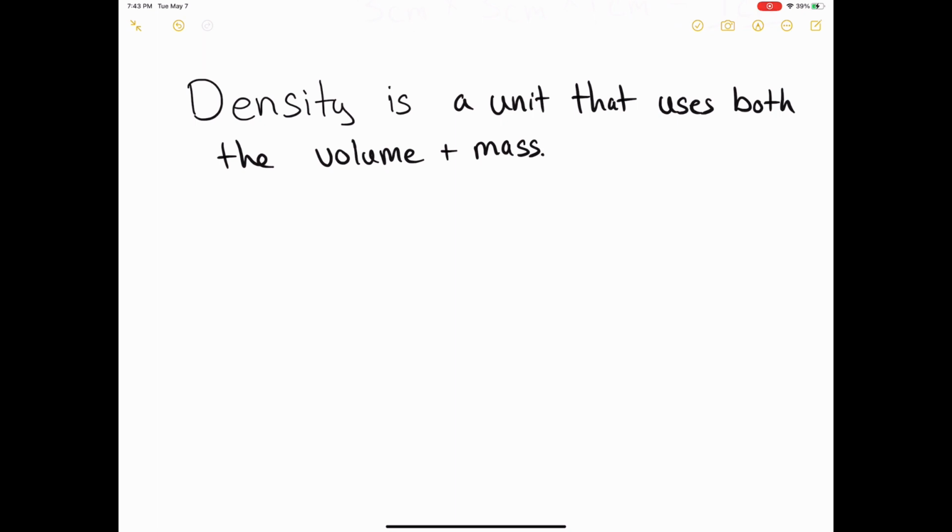The density of something, and we're talking about matter here, is going to be the mass divided by the volume. That is the density. So the mass of an object in grams divided by its volume in centimeters cubed will give us its density.